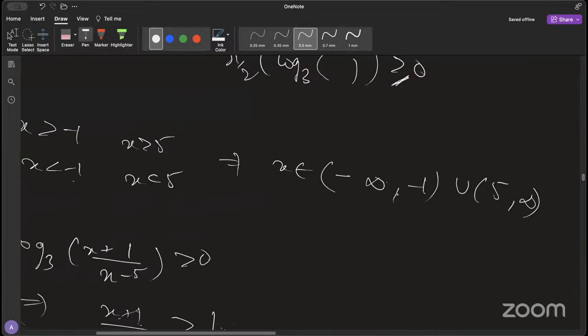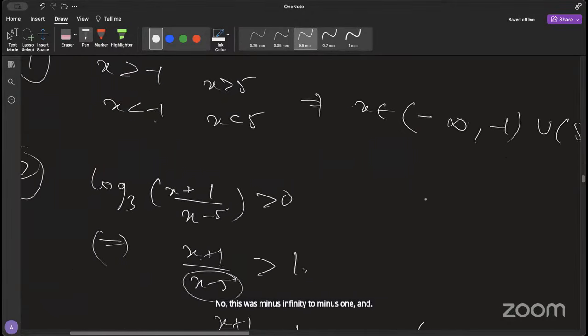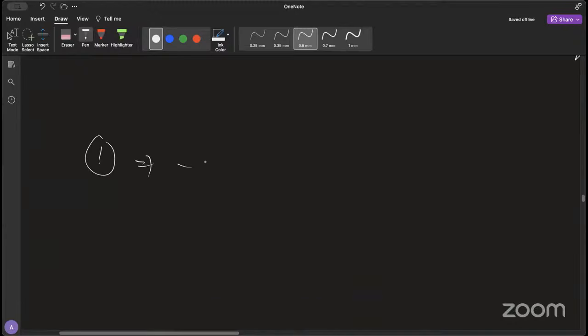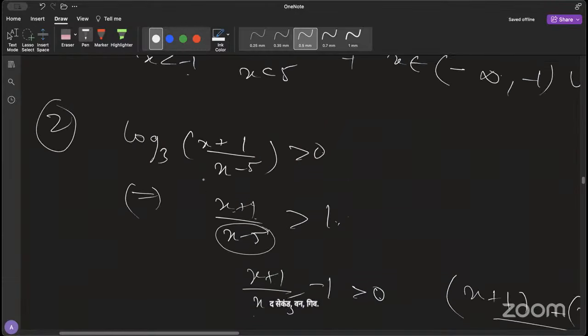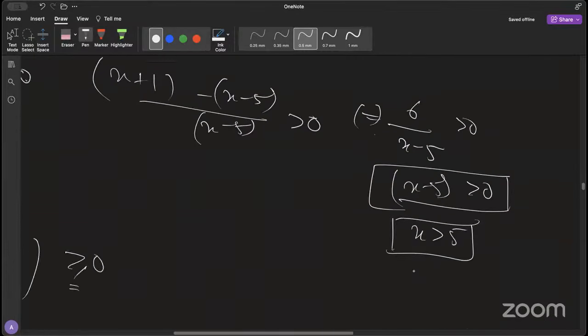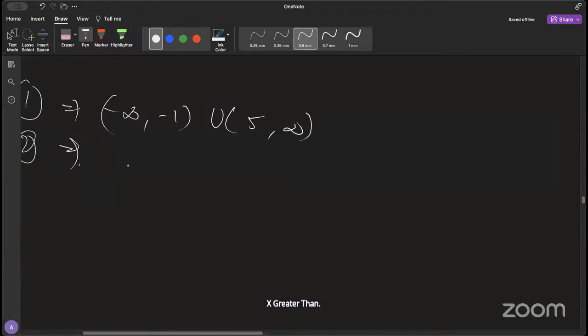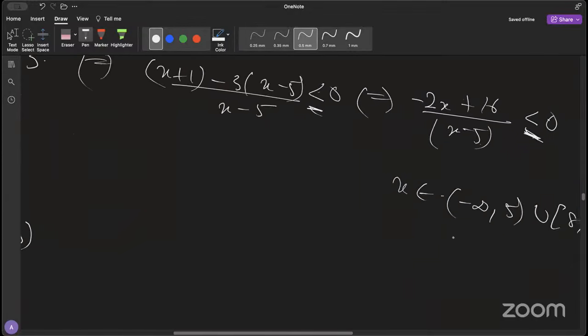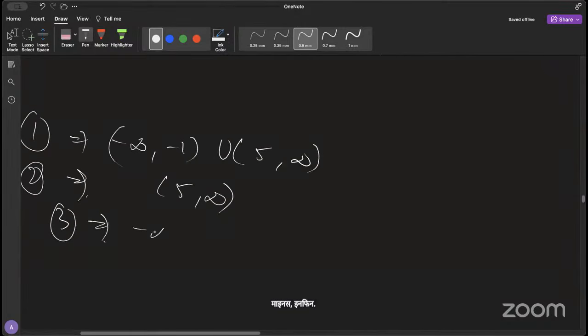No, this was minus infinity to minus 1 and 5 to infinity. The second one gave us x greater than 5, so it is 5 to infinity. And the third one gave us minus infinity to 5 and 8 to infinity.